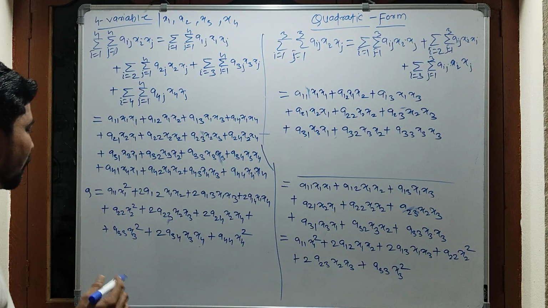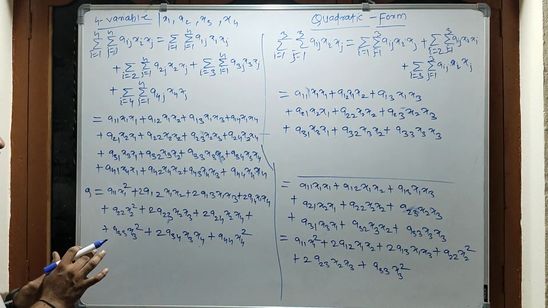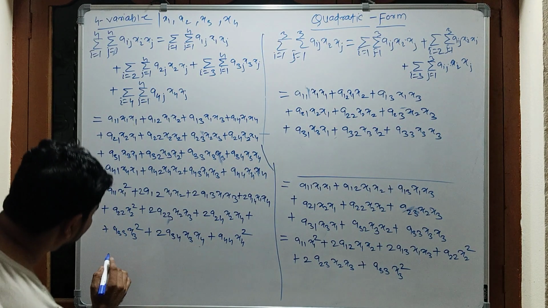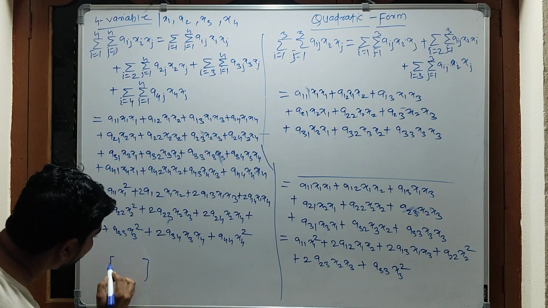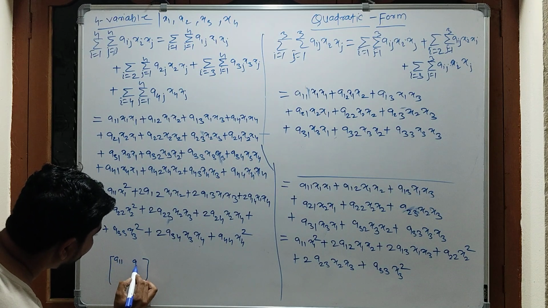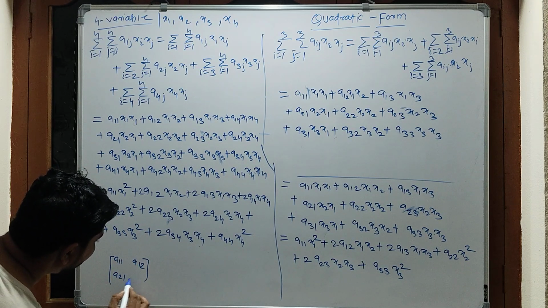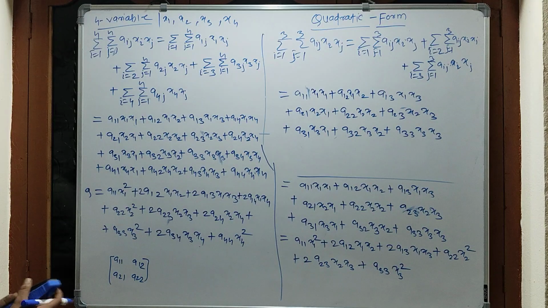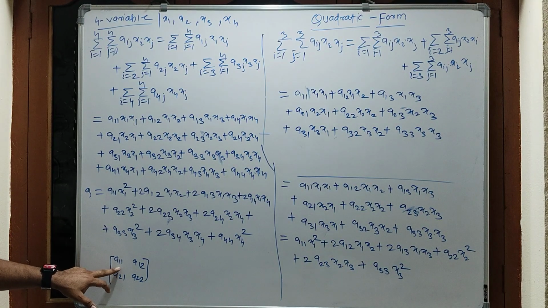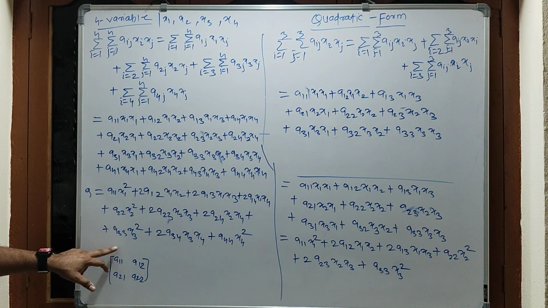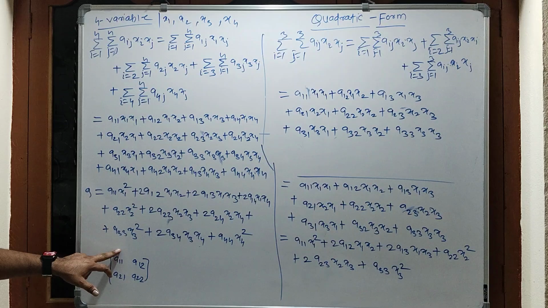For example, if you have a 2 cross 2 matrix a11 a12 a21 a22, the first position corresponds to the first unknown and the second position to the second unknown.